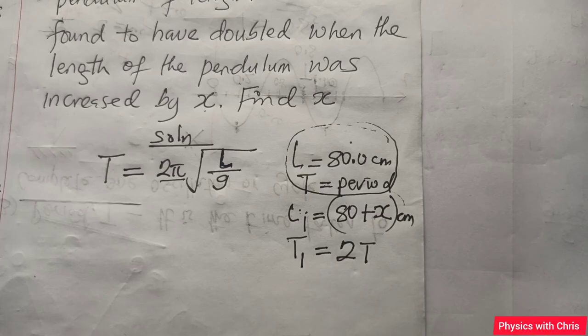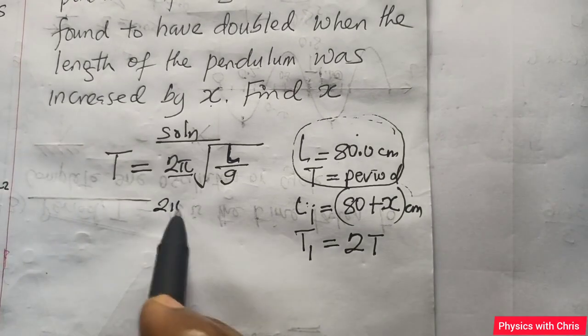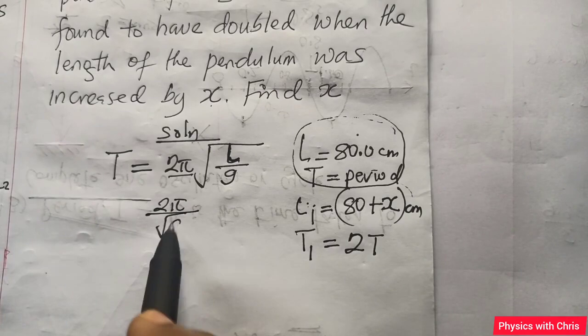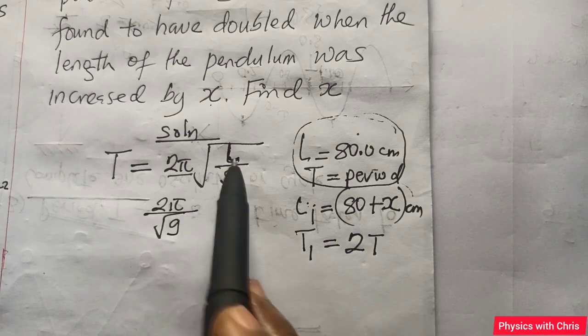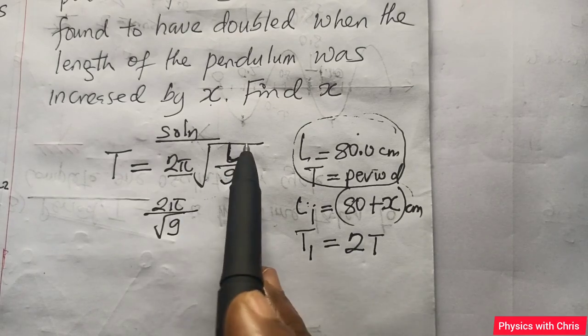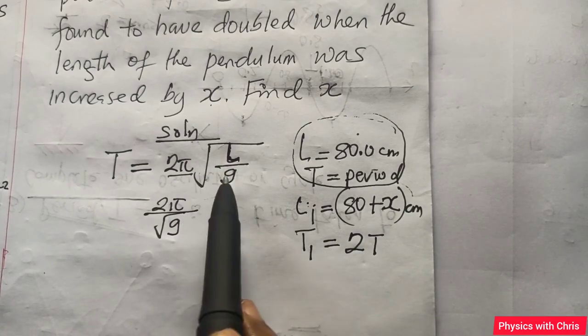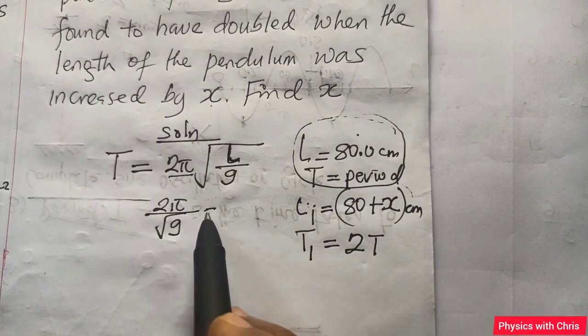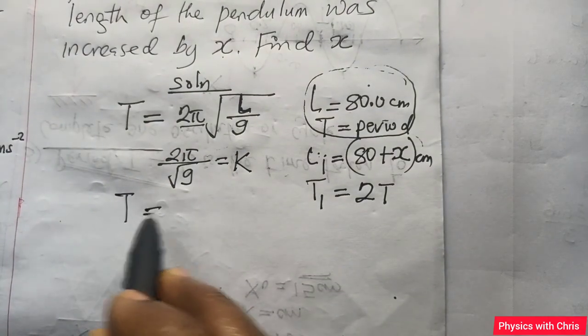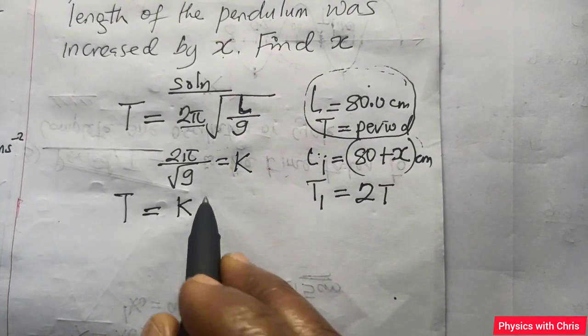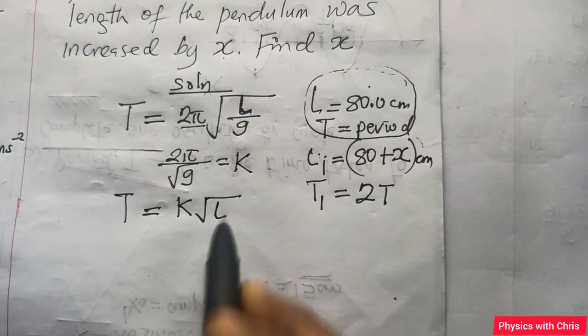I'm taking 2 pi over square root of g because the law of indices allows square root of L over g to be taken as square root of L divided by square root of g. I can call this k, so that my equation reduces to T equals k times square root of L.